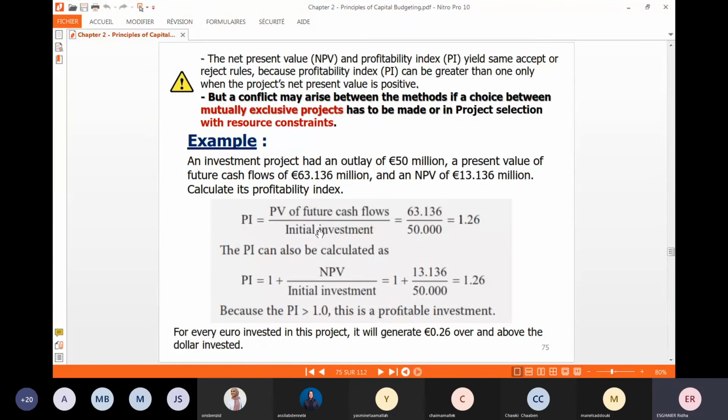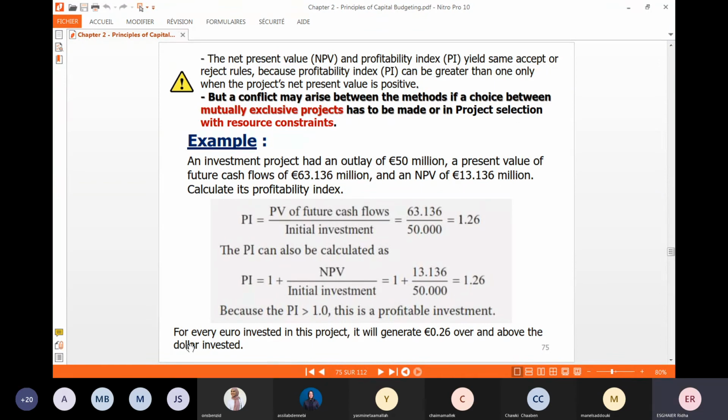You will get 1.26. It means that for each euro invested in this project, you will receive the euro back, and in addition, you have 0.26 euro of extra wealth per euro واحد, مش per dollar. مش dollar invested, euro, كلهم euro واحد صلحوها.